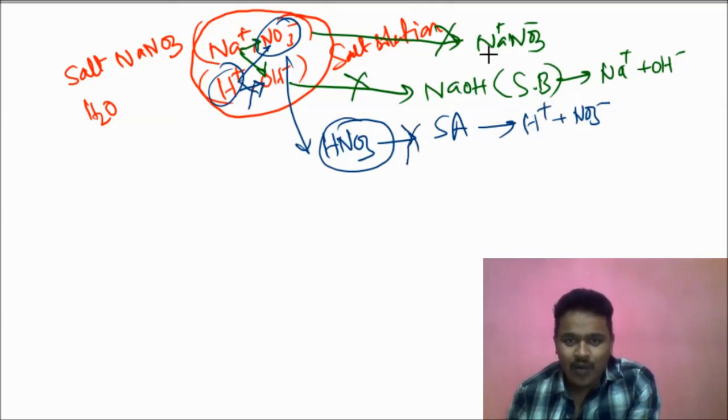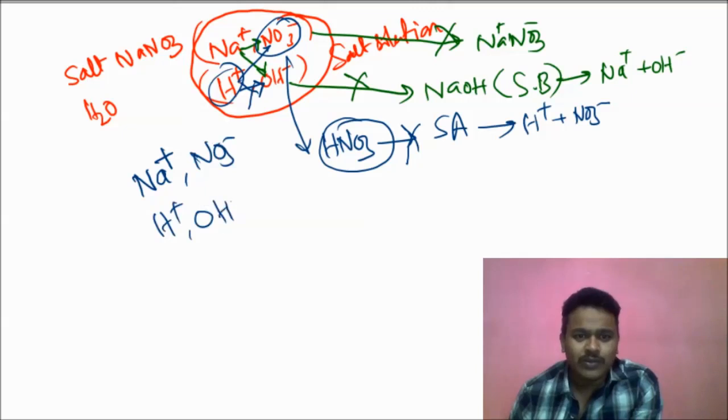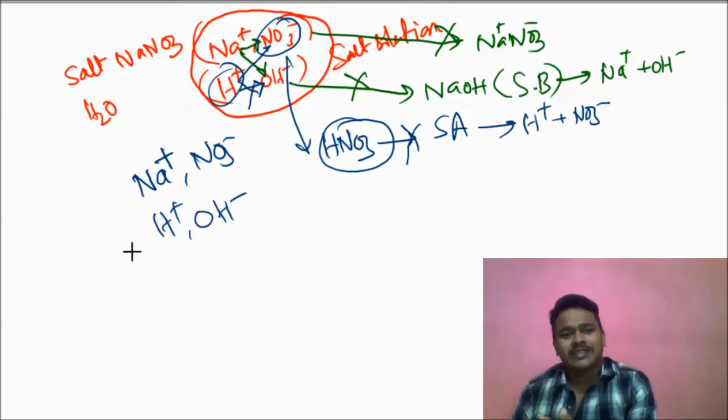That means whatever the ions are there in the salt solution, what are the ions? Na plus, NO3 minus, H plus, OH minus. All these ions are available as they are here.